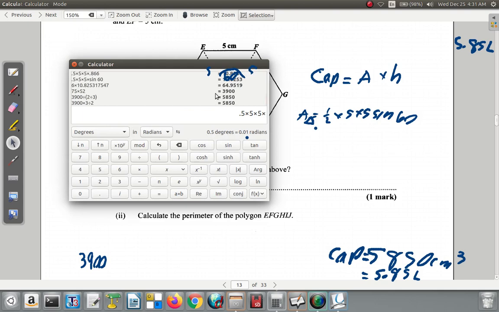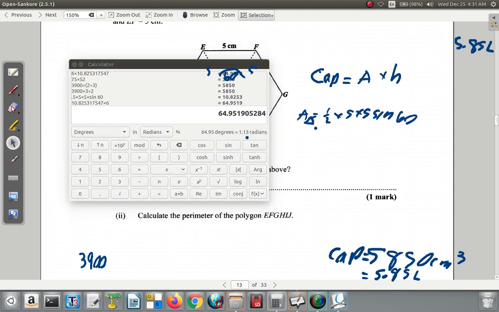I kind of remember it was 65 or something, but let's use the figure before. It would be more accurate. Half by 5 by 5 by sine of 60 degrees, and then multiply that by 6 to get the total area. 64.95. Right, that refreshed my memory. 64.95.